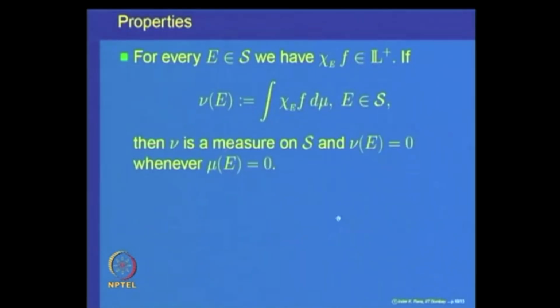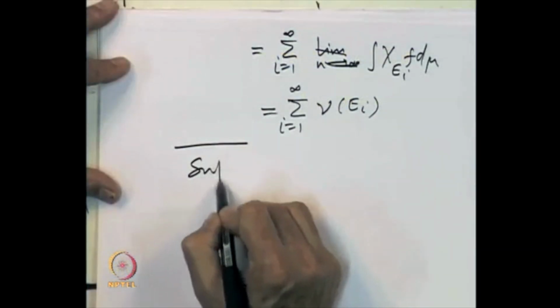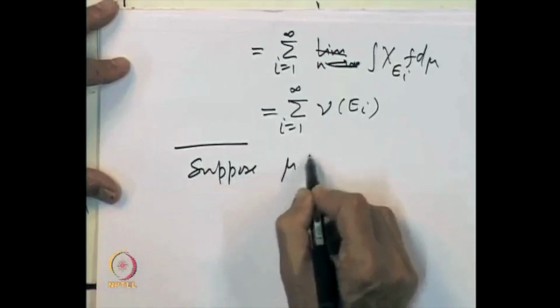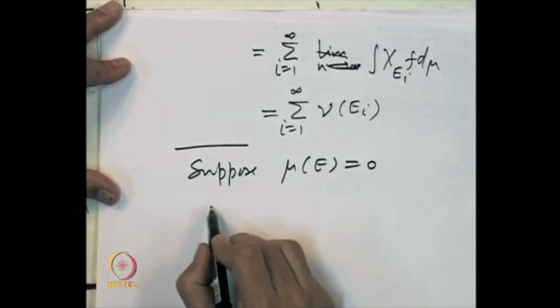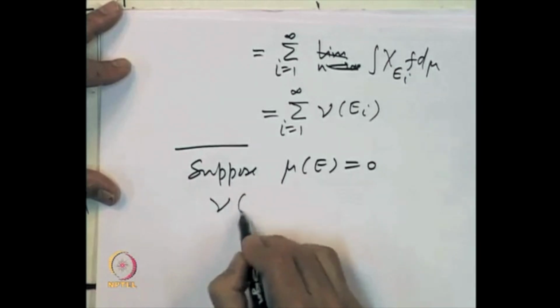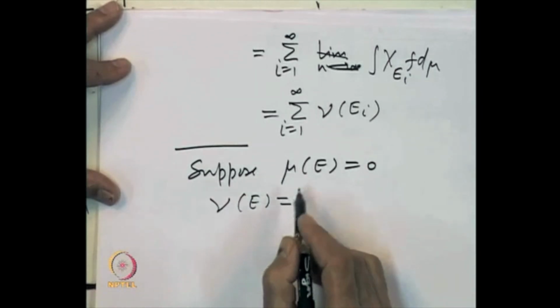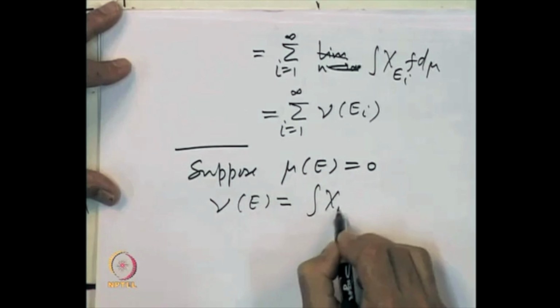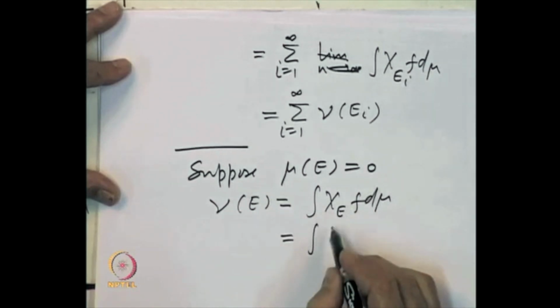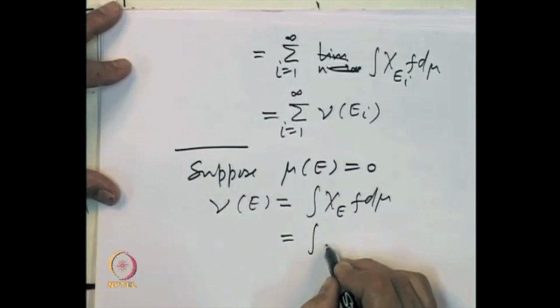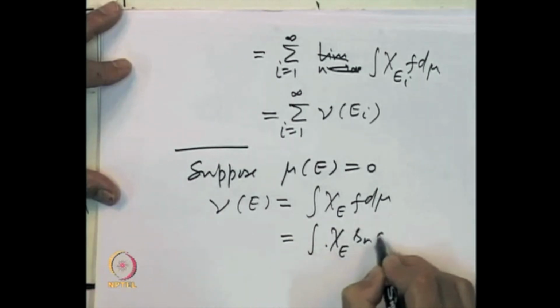Okay, and finally, to prove that nu of E equal to 0 implies mu of E equal to 0. So let's suppose mu of E is equal to 0. Then what is nu of E? So nu of E, which was defined as the integral of chi E f d mu, which was nothing but the limit of the integral of chi E times S_n d mu.